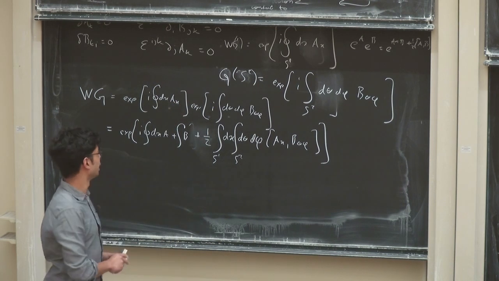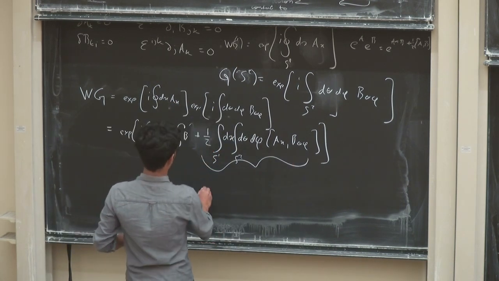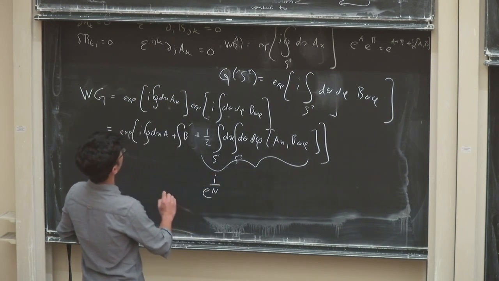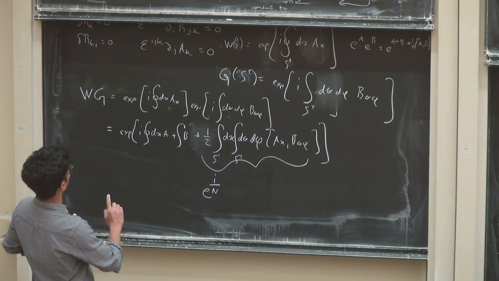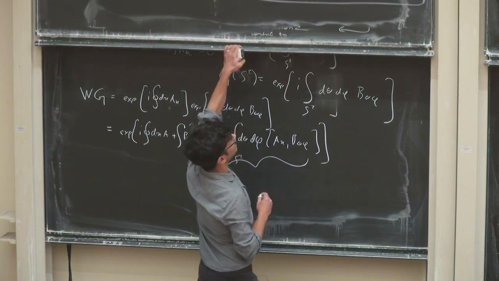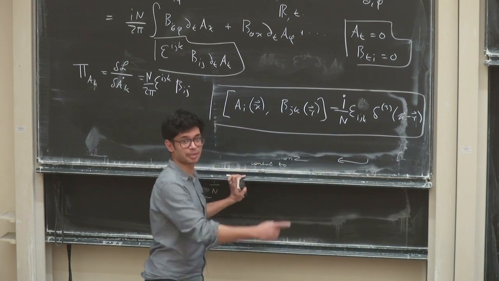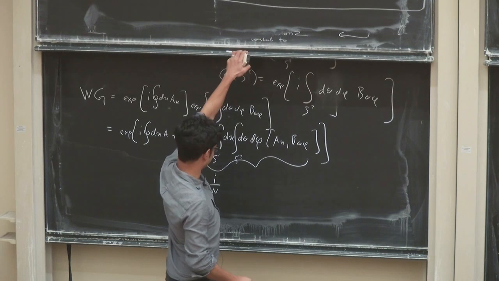And so this whole thing ends up being just an overall phase, which is just a number. It's e to the I over n. I lost the I somewhere, but there's definitely an I that I have lost somewhere. No, sorry, of course. This I is the famous quantum mechanics I. There are many I's in this topic, but this is the famous quantum mechanics I. That's the one that creates the I here.